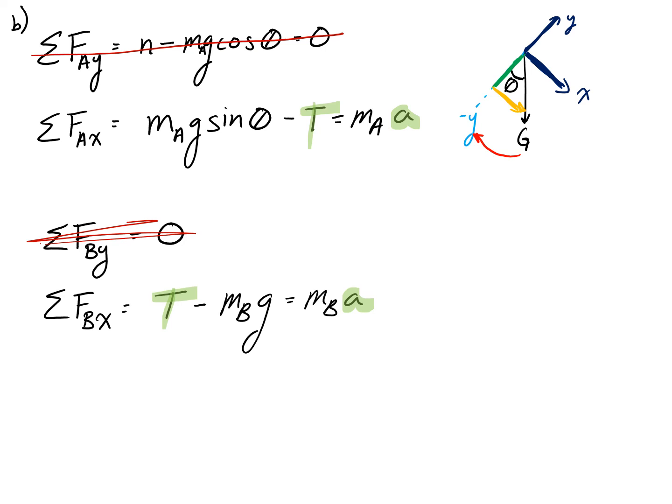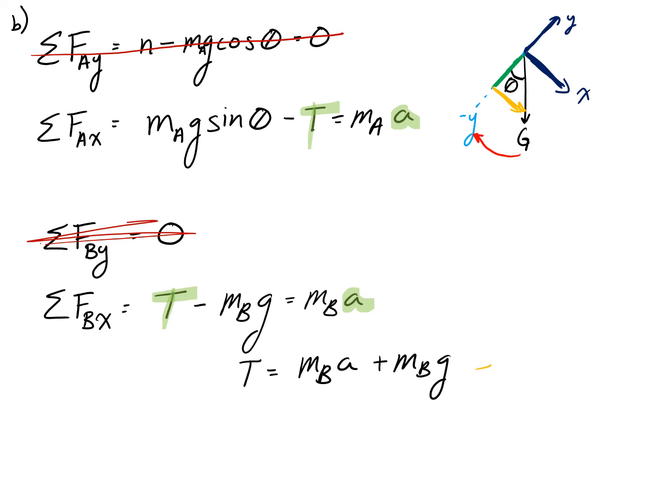Now, if I look at my A equation, tension is negative. I don't like dealing with negatives as much as possible, so it's going to be easier for me personally to rearrange my forces in the x direction for B. So I'm going to have MBA minus, so plus MBG.